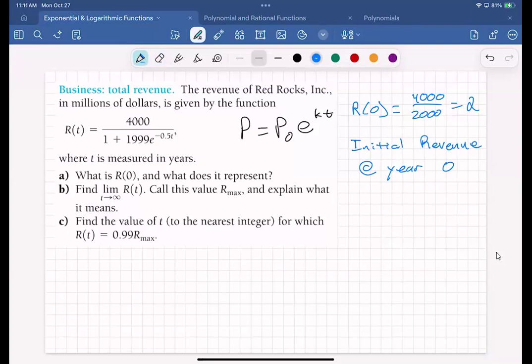Now, what's going on with this next limit? For part B, they want us to find the limit as t goes to infinity of this function. What are we trying to get to? Anytime we use infinity or negative infinity with our functions, what part of the function are we looking at?